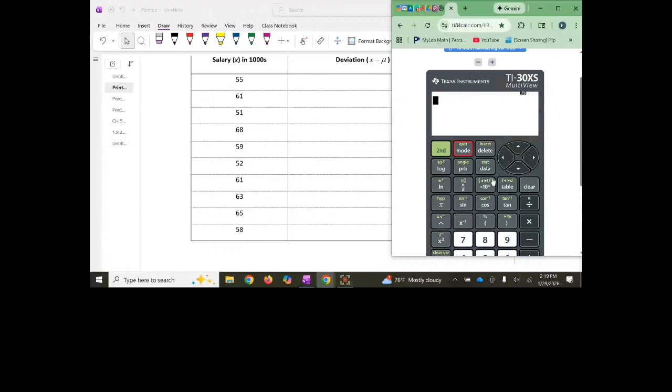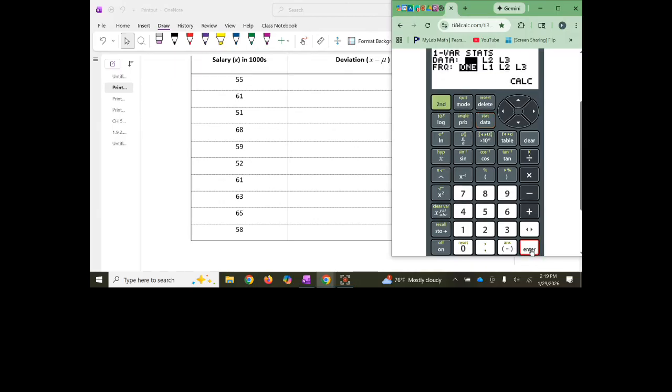Now, I want to get to my statistics part. So I'm going to go second and stats, and go to my one variable stats. My calculator's already highlighting that part, so I'm just going to hit enter. I'll hit enter again until I get to the part that says calc, and hit enter one more time.